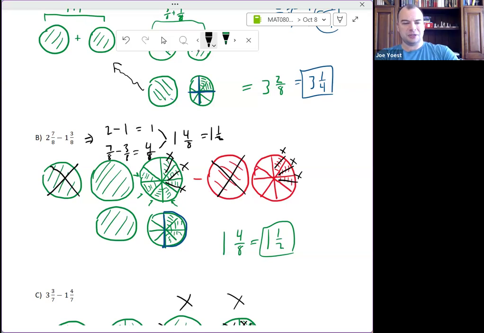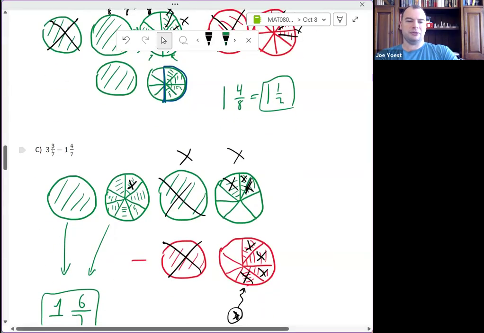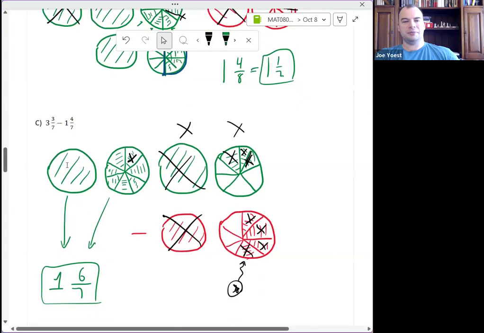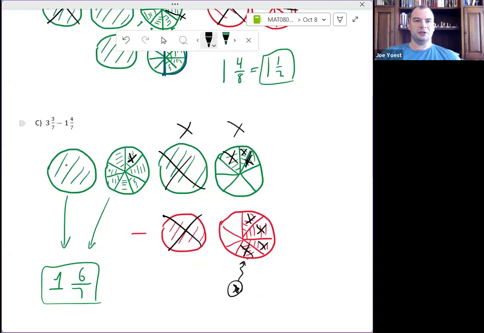But we see that sometimes that's not going to work so well, because if I have 3/7 minus 4/7, that gets a little complicated. So maybe the first thing I'll do in either case, whether I'm adding or subtracting, is look at my fractional parts first. I'll look at 3/7 minus 4/7. And I notice that this is going to be a negative number. This isn't going to work out well.